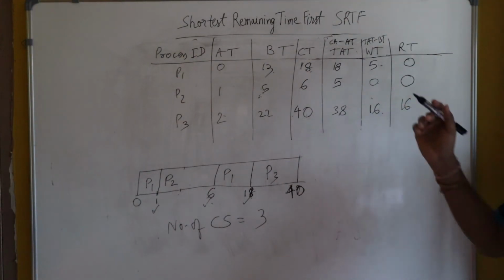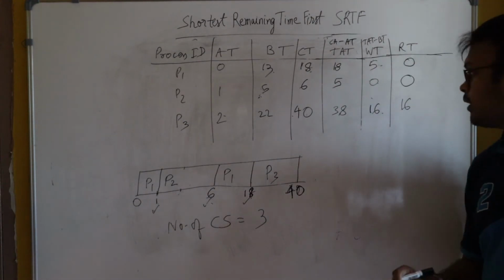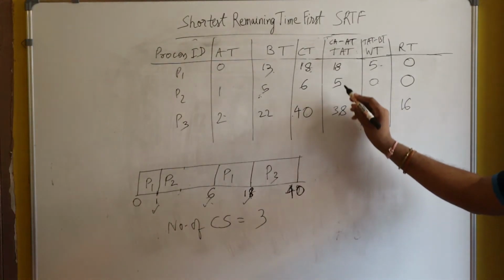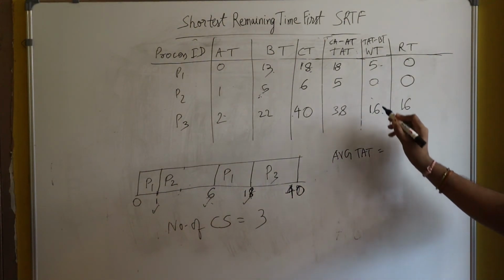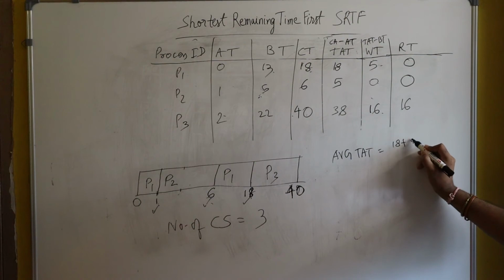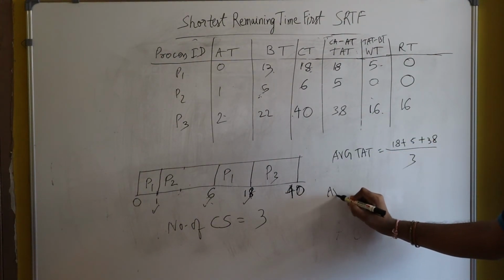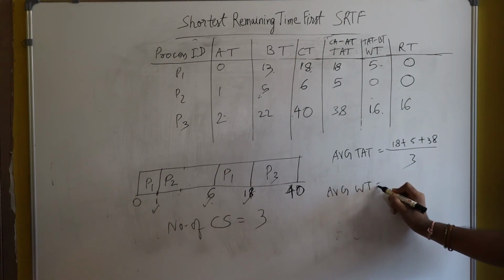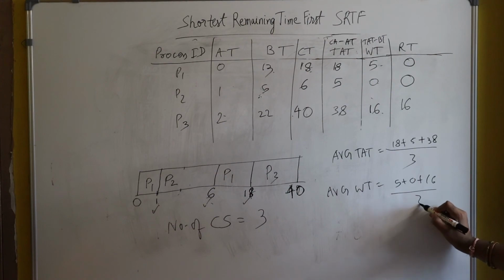Okay. So from here you can calculate the average turnaround time and average wait time. Average turnaround time is 18 plus 5 plus 38 by 3. You just calculate, and average wait time is 5 plus 0 plus 16 by 3.